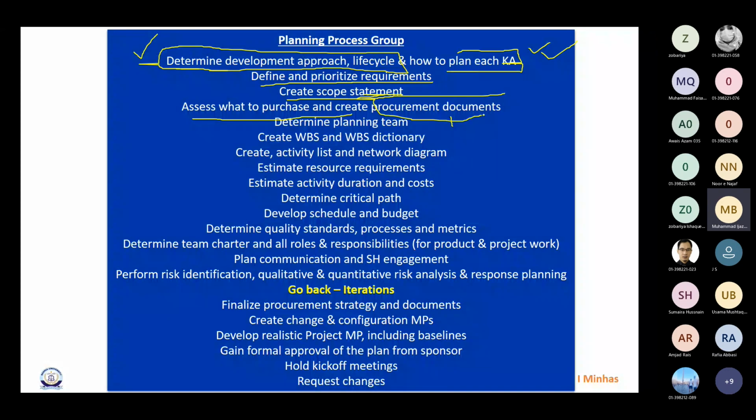This will start the procurement planning. This is part of plan procurement process, right? So this will help us in creating WBS, because we'll be clear about the things that we don't have to do ourselves. In that case, we'll stop breaking down work at that level. Fine. So we are done up till here.